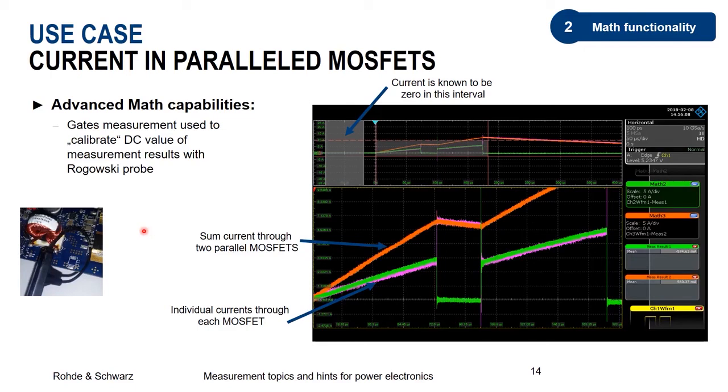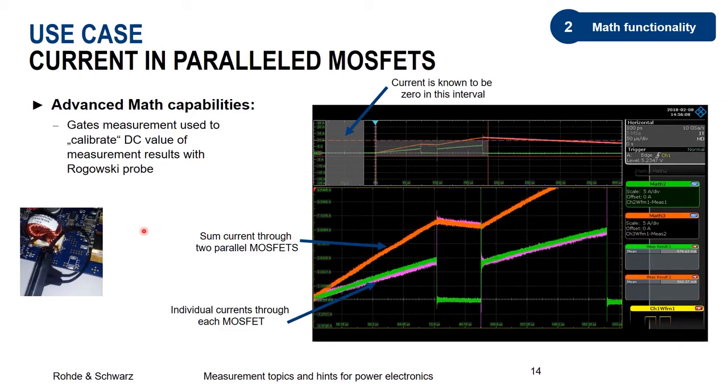Those probes have the advantage that you can sometimes feed them between the pins of a MOSFET in order to measure the current through the MOSFET. However, the difficulty is that such probes can only do AC measurements. So you have the uncertainty about the DC value, and the other difficulty you sometimes have is that you cannot access everything.